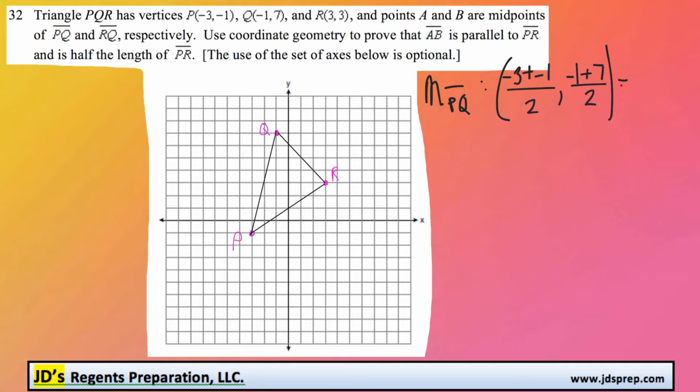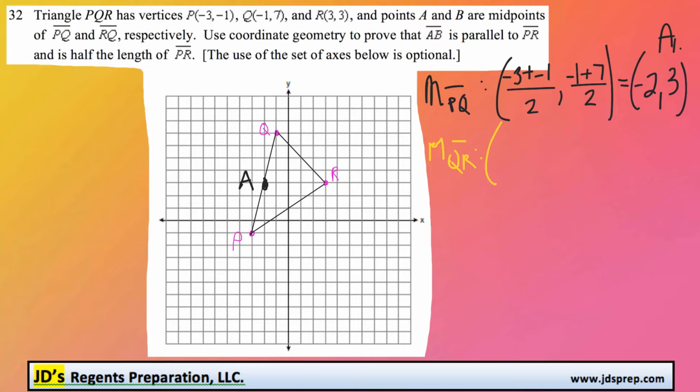And if we calculate that out, you should get -2 and 3. So that's our point A, and that's going to be right there. Now our midpoint for the line QR. Very same method.